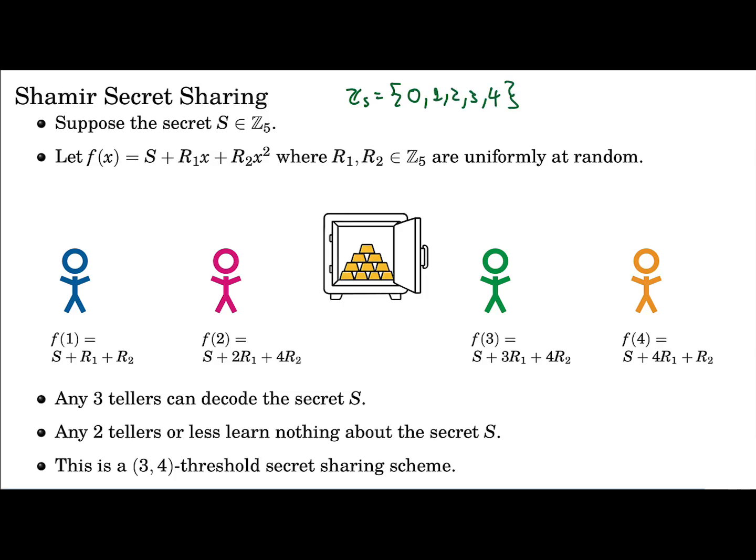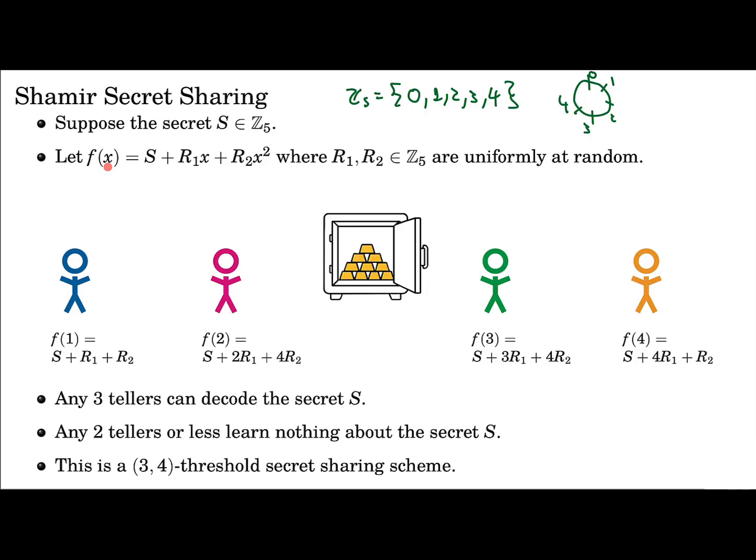You put the numbers around the clock, and you do the arithmetic around the clock. So we choose R1 and R2 from this set uniformly at random. That means there's a 1/5 chance of selecting each one of these, and that will generate our random polynomial.